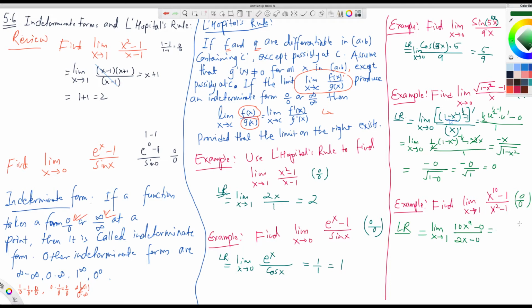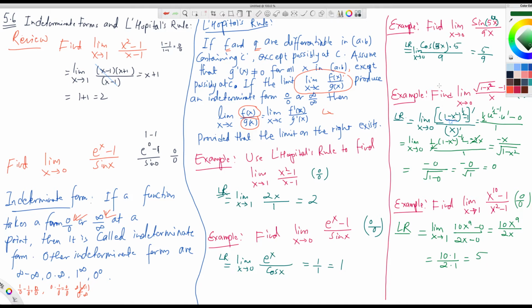So that is basically 10x to the 9 over 2x. So can you simplify this? I mean, you can plug in limit x tends to 1, that's not a problem, because you don't get 0 over 0 anymore. Okay, so what do you get? You get 10 times 1 over 2 times 1, right? This is basically 5, because 10 over 2 is 5. So that is the final answer.